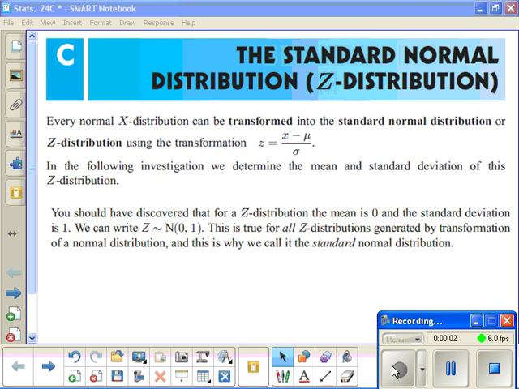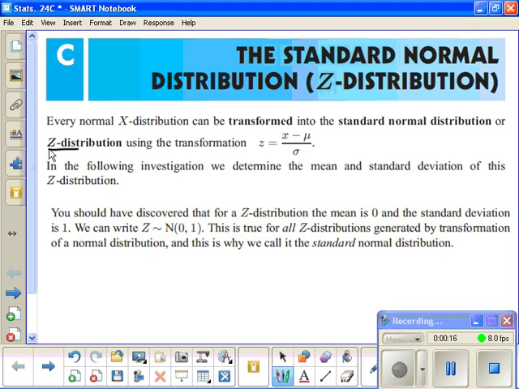Okay, standard normal distributions, or in other words, the z distribution. Any normal distribution of data points, x values, can be transformed into a standard normal distribution by converting it to a z distribution using this equation. So you take x minus the mean divided by the standard deviation.